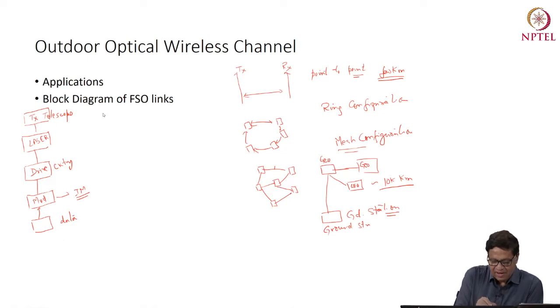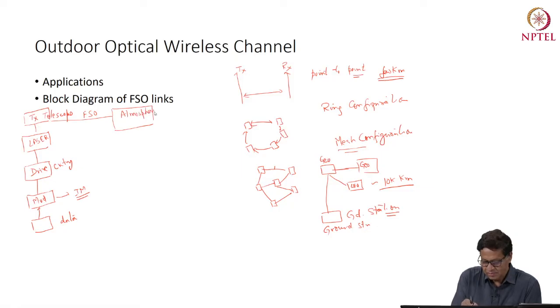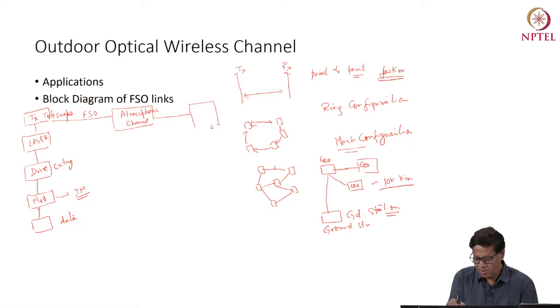And from here, you have an FSO channel, free space optics. Let me denote this as the atmospheric channel. And on the receive side, you have again some optics.